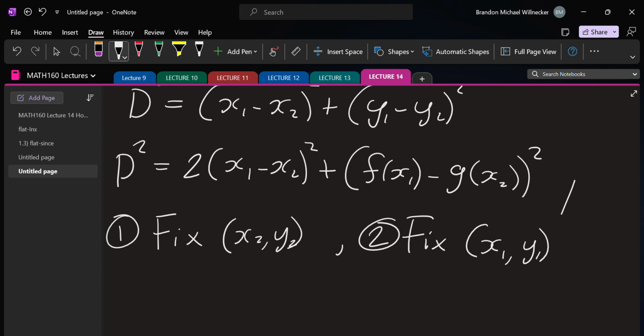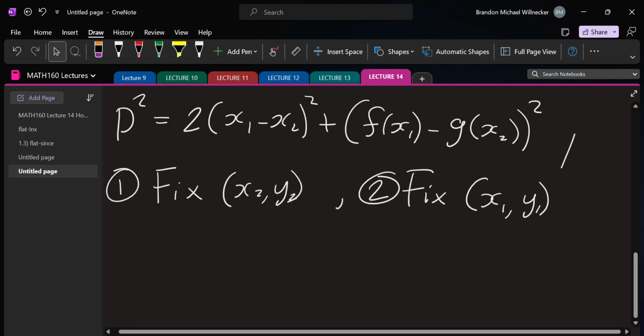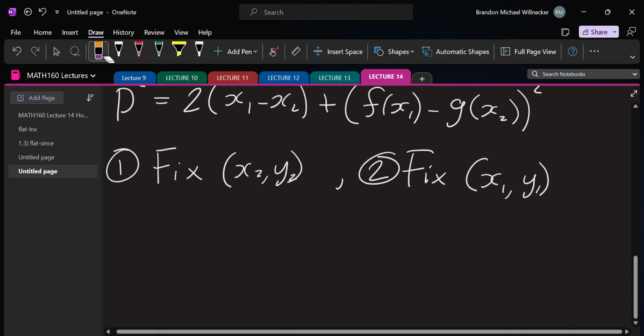If both of these are true, then it's the shortest distance. The shortest distance between the two points doesn't matter where we start, where we end. So the process of fixing the one, moving the other, or fixing the other, moving the first one, gives us the same thing. Everyone understand that?